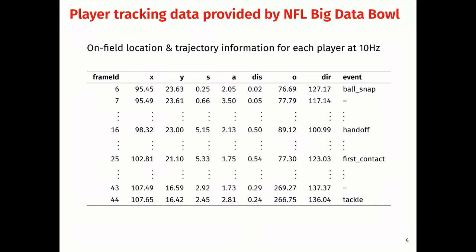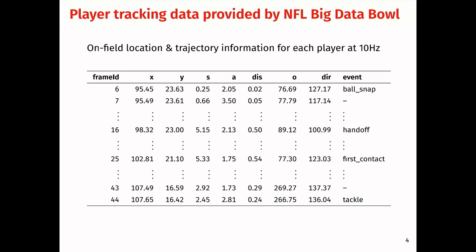Player tracking data. Obviously, thanks to the NFL Big Data Bowl, we have access to Next Gen Stats tracking data collected via chips embedded in player shoulder pads and also the football. This gives us data at 10 frames per second, providing on-field location and trajectory information for all 22 players at every moment within the play.